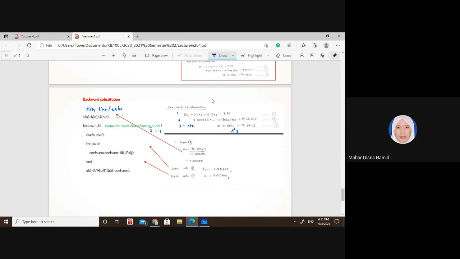So this is x3, and then you're going to substitute x3 into the n minus 1 and also 1 equation and coef sum. So if we try to sum it together, all of it equals 0 in order to get the value of x3. So it's actually this corresponds to this line here.